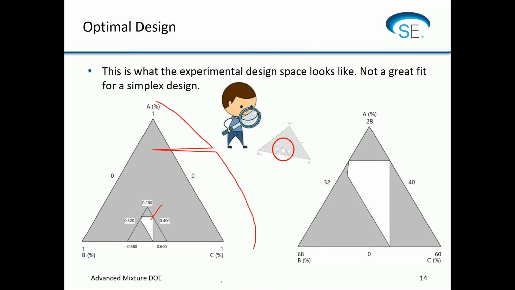And then this little triangle here is the smallest triangle that this white space fits into. So as you can see, if you really wanted to use a simplex here, you'd have more gray space than you do white space. The other option would be to try to cram in a simplex here, something like that, but that would be really not ideal as well.